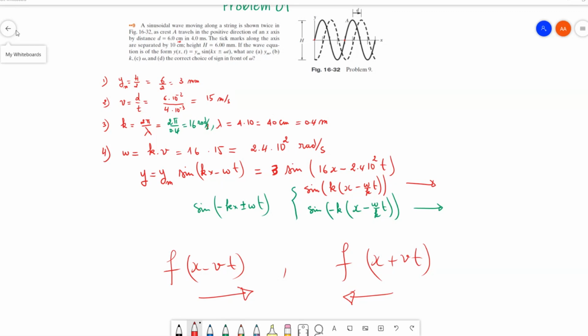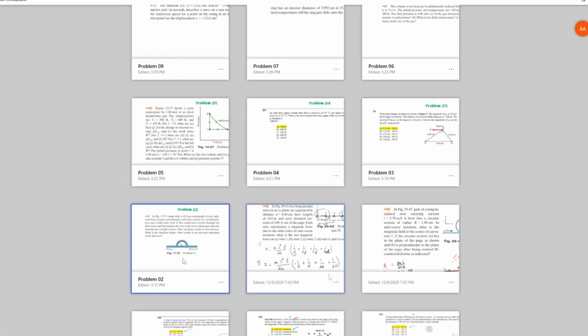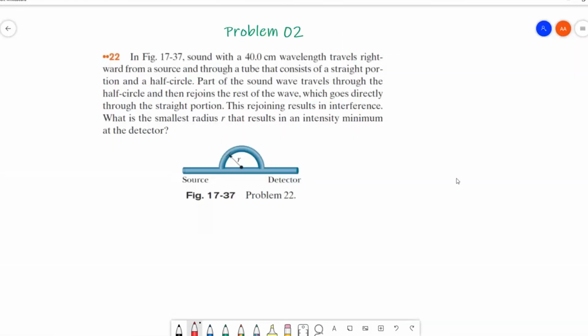Okay, let me go to the next problem. This one is a typical problem for interference. If you understand this, you will understand most of the problems concerning this chapter. Here we have sound with 40 centimeter wavelength, travels rightward from a source, through a tube that consists of a straight portion and a half circle.